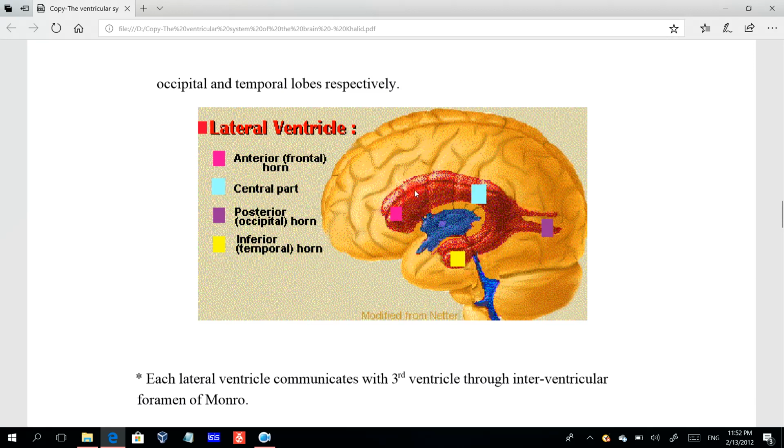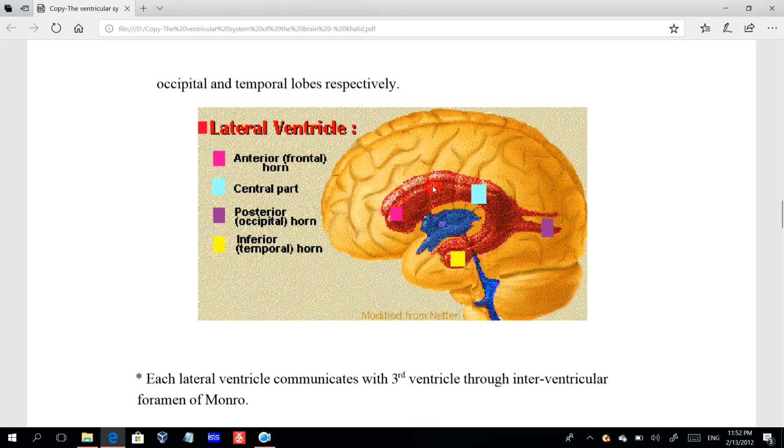because it is in the frontal lobe of the cerebrum. And here we have the posterior horn, also called the occipital horn because it is within the occipital lobe of the brain. And here the inferior horn is within the temporal lobe of the brain.